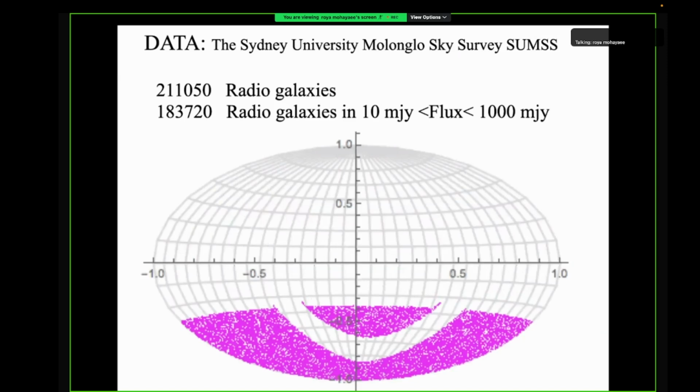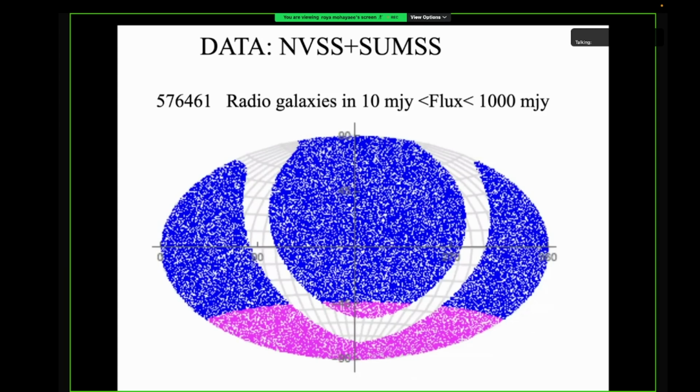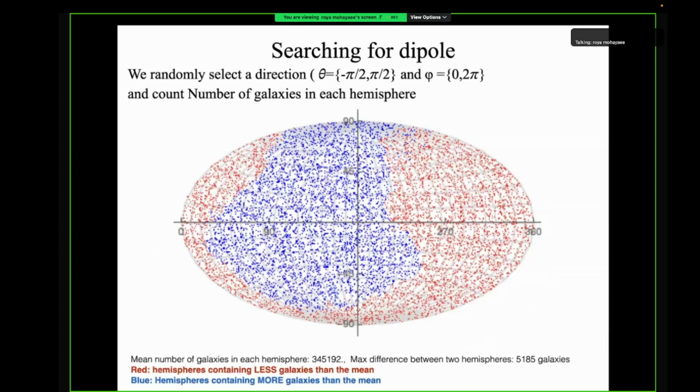But later on, I'll show you that you don't even need a full sky. This is the galactic plane that we cut, because there is a lot of nonsense in the galactic plane. And then we just counted the number of sources in different hemispheres here.